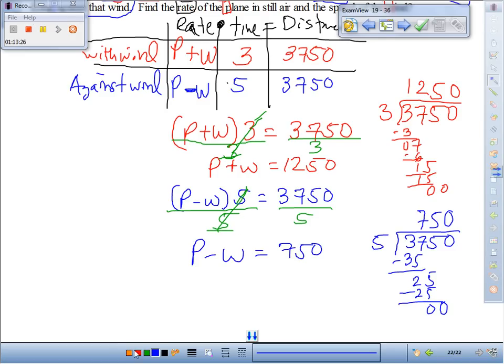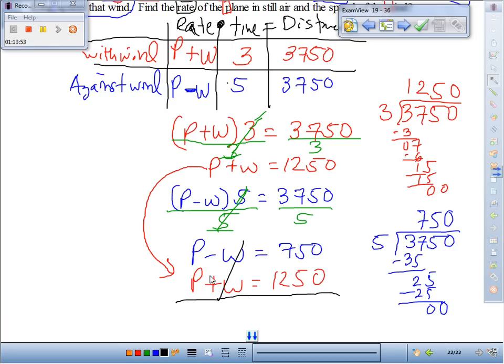Okay. So now I'm going to bring this one down here so that I can use my elimination method and solve it. P plus W equals what? 1,250. Can I eliminate one of the variables from there? Yeah, the W. These cancel. We're left with 2P equals 2,000.